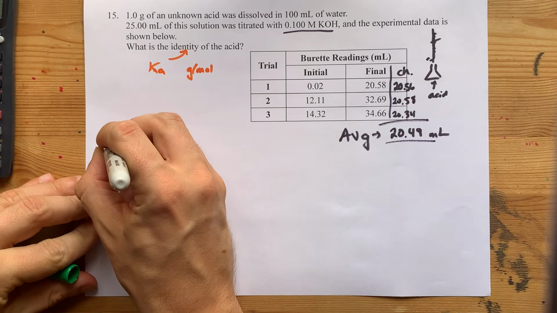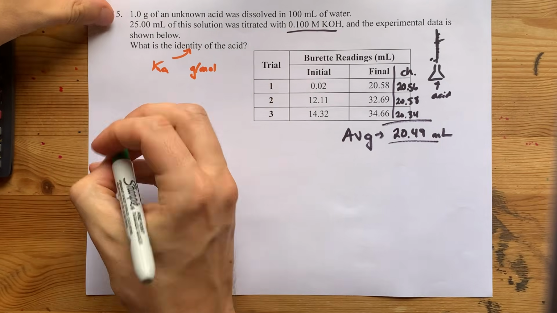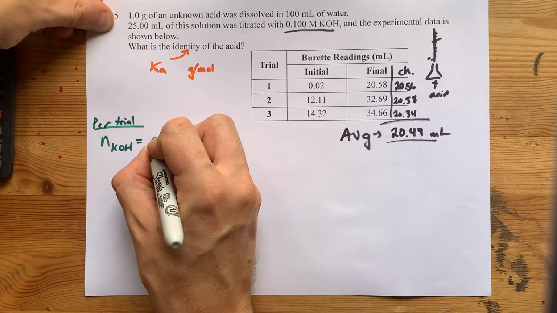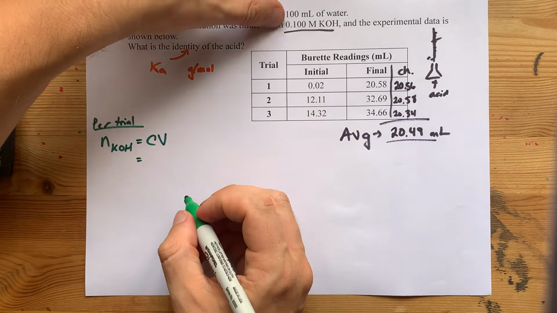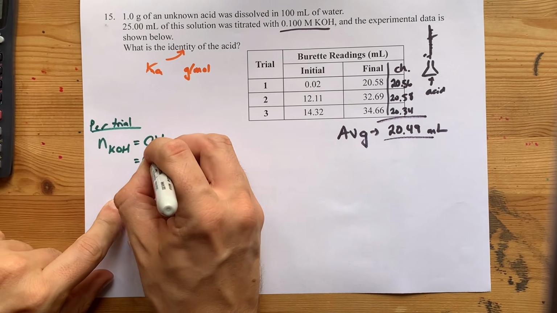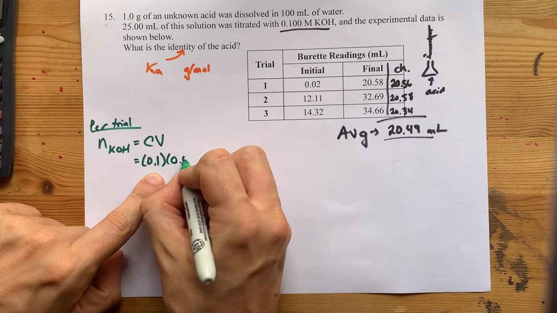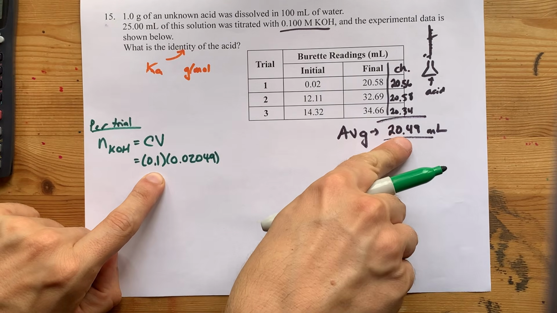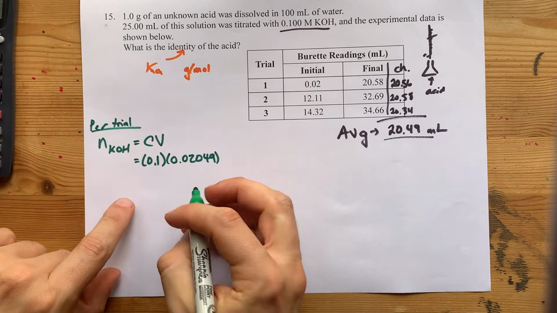The number of moles of KOH that we used up per trial is concentration of base times volume used. The concentration was 0.1 moles per liter. The volume was 0.02049. Again, I divided by 1,000 to convert milliliters to liters.